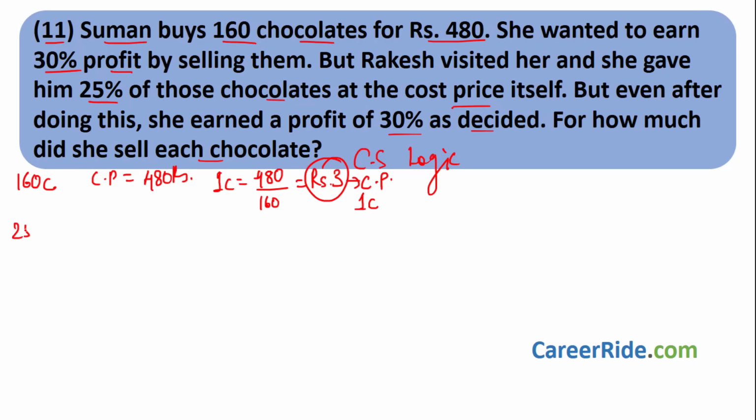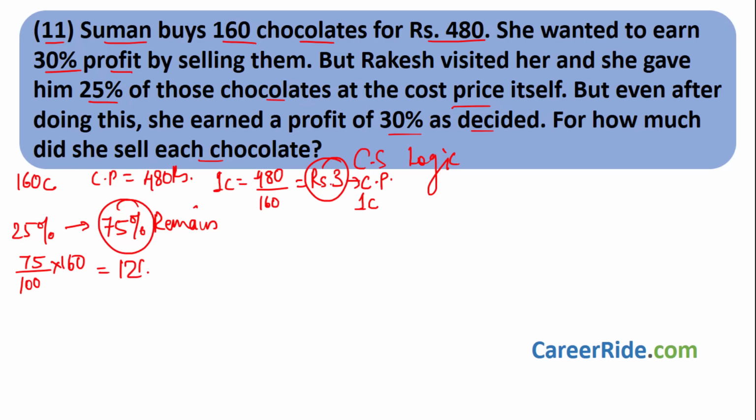So 25% of chocolates are gone at the cost price. So how many remain? 100 minus 25, 75% remain. 75% of 160, that is 75 upon 100 into 160, that would give us 120 chocolates. So 120 chocolates remain with Suman.